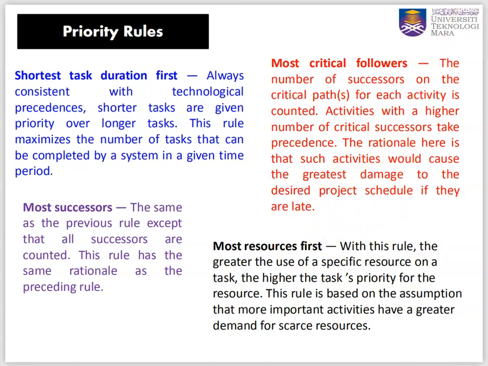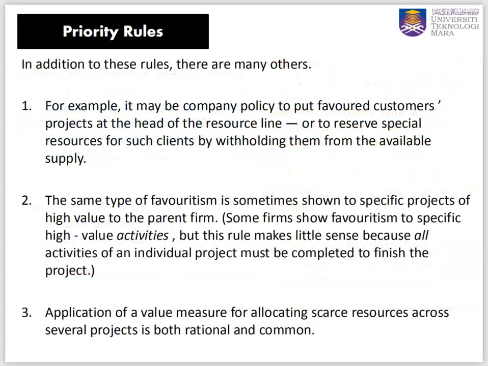These are some of the rules that can be applied when allocating scarce resources. In addition to these rules, there are many others. For example, it may be company policy to favor a customer, so we choose that customer first in order to run the project. The same type of favoritism is sometimes shown to specific projects of high value to the parent firm.